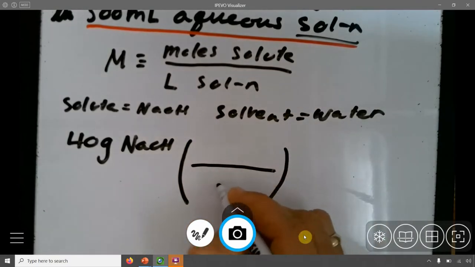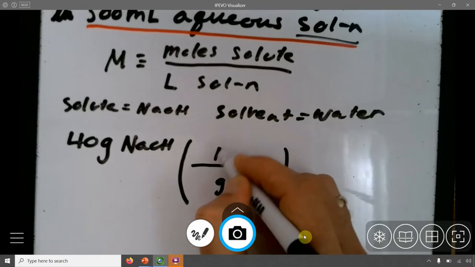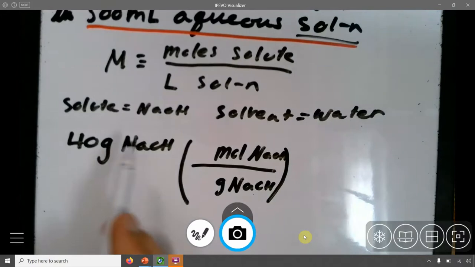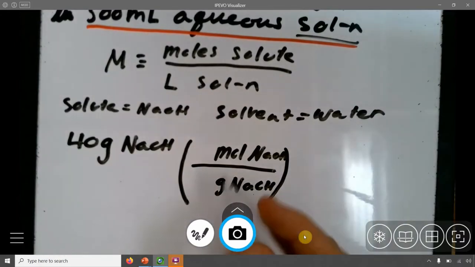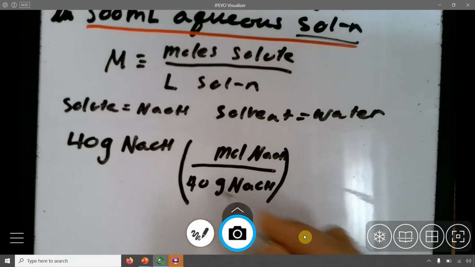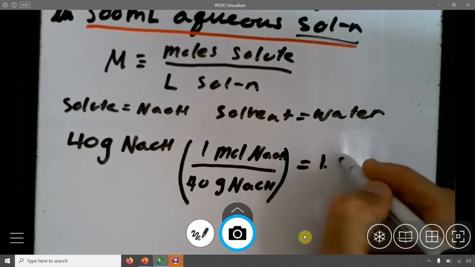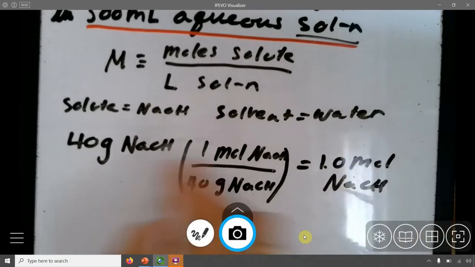I'm trying to get rid of grams of NaOH and go into moles of NaOH. On the periodic table, Na is 23, O is 16, H is 1. You add them up, that's 40. So I did this on purpose. 40 grams of NaOH per 1 mole of NaOH, meaning that I get 1.0 moles of NaOH. Again, I'm assuming I have 2 sig figs.